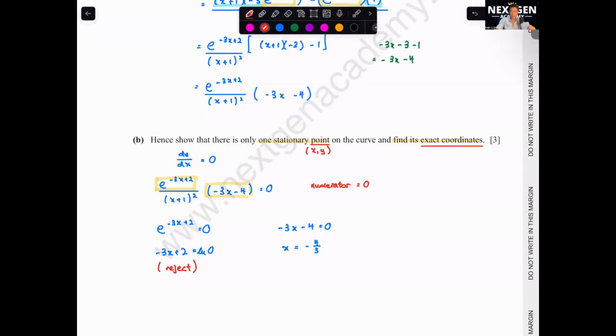So go back to the question. They give you the y equation, and you substitute your x into the y. So e to the power of negative 3 times negative 4 over 3, plus 2, over negative 4 over 3 plus 1.